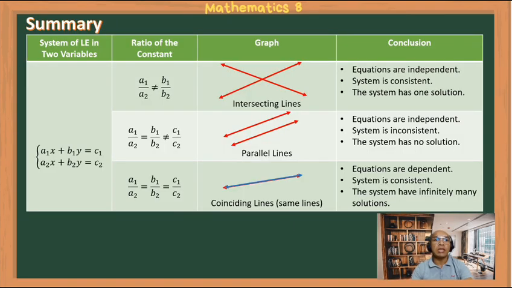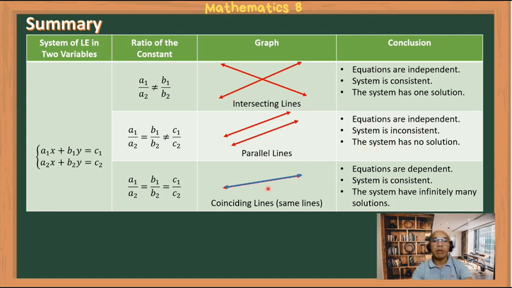Let us summarize the different scenarios of a system of linear equations. The graphs could be intersecting lines, which means there is only one solution. The graphs of the system could be parallel lines, which would mean that the system is inconsistent because there is no solution.